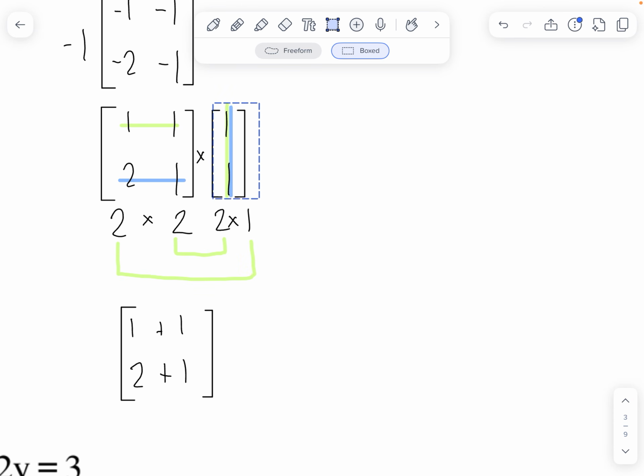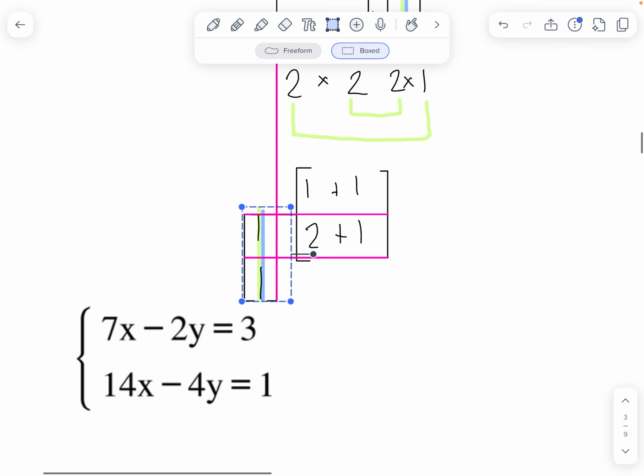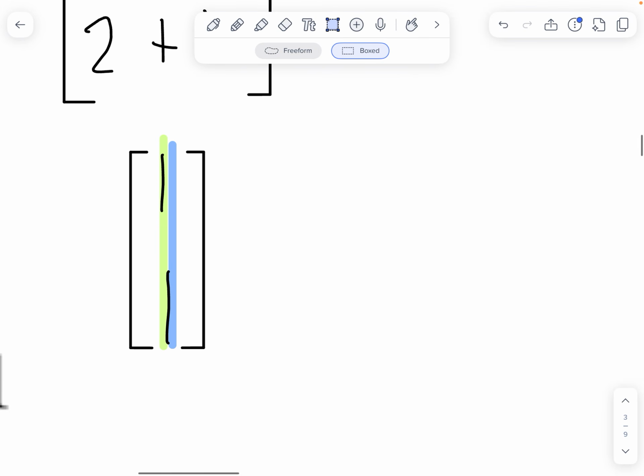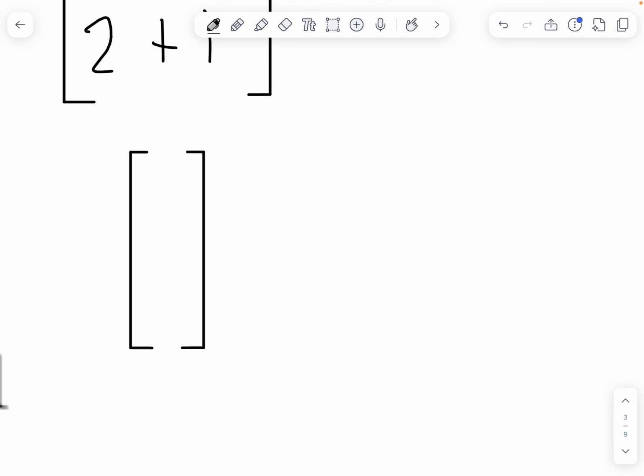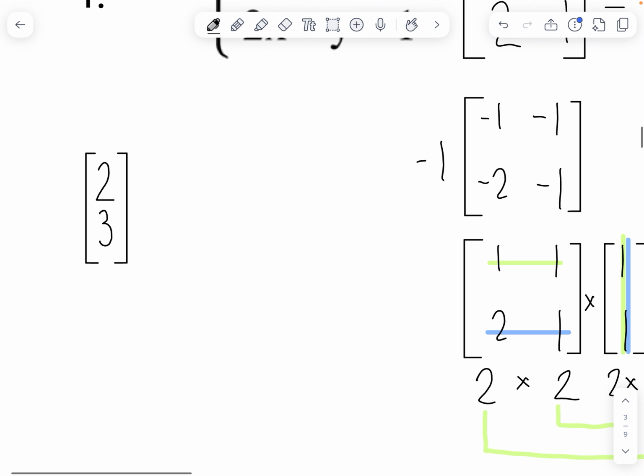So in the end, you get 2 and 3, and this value as a point equals 2 comma 3.